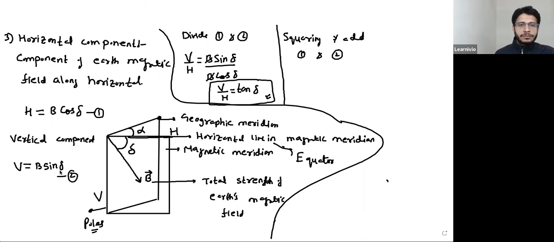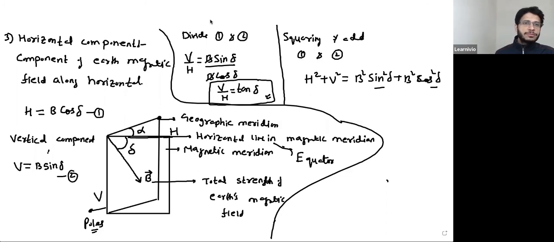I will get H square plus V square is B square sine square delta plus B square cos square delta. Yes, you are right. If I take B square as common, then this is sine square delta plus cos square delta, which is one.